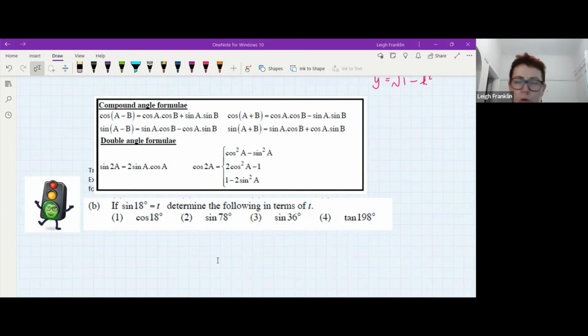So sine 18 equals t. T means t over 1. Yes, perfect.